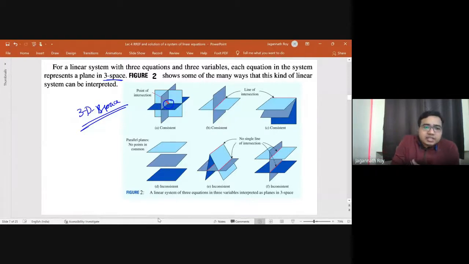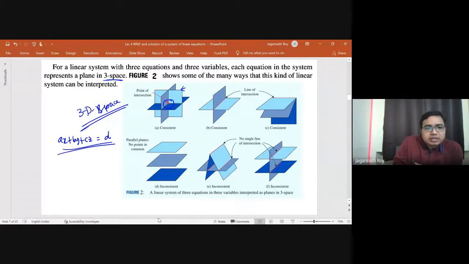It has three variables and one constant, for example, ax plus by plus cz equals d. So this is the equation of a plane of this kind.